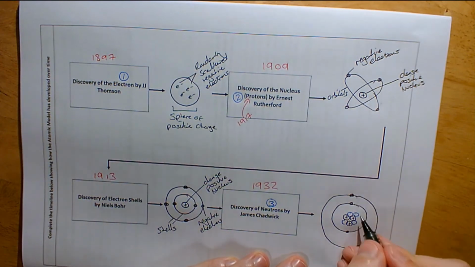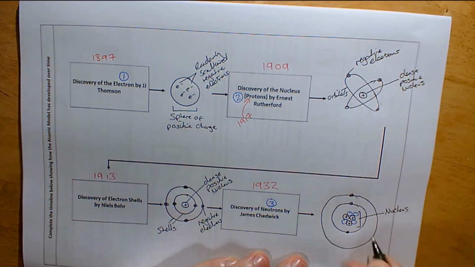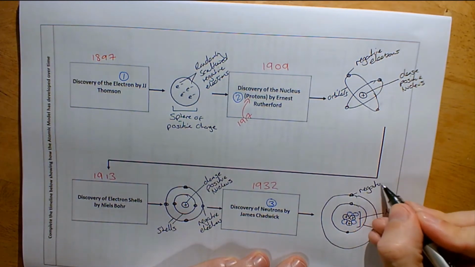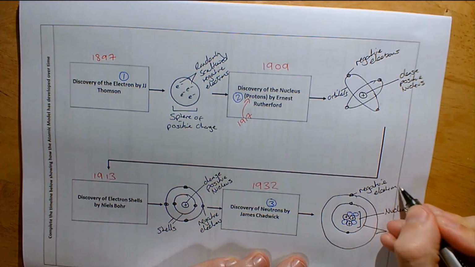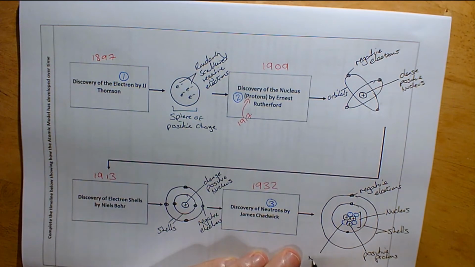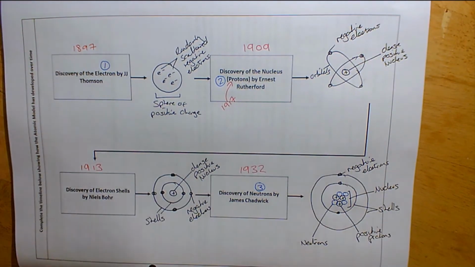So to bring that all together, we have our nucleus, we have our shells, and we have our negative electrons in the shells, we have our positive protons in the nucleus, and we have our neutrons in the nucleus. And as their name suggests, they are neutral. So make sure you've got that copied down in your pack.